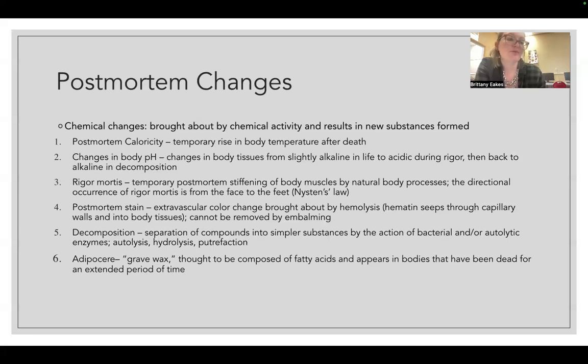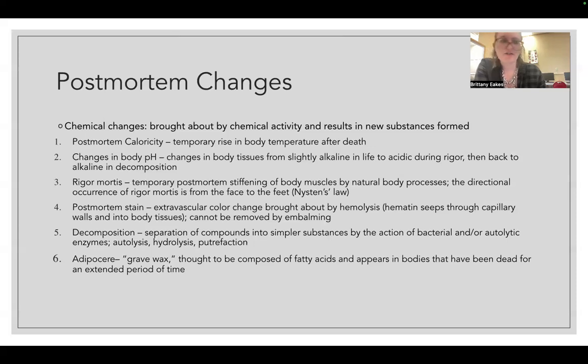Decomposition is a chemical change that occurs. It's the breakdown of compounds into simpler substances through bacterial or autolytic enzymes. It involves autolysis, the self-digestion of cells. Remember, lysis, the suffix, means breakdown.